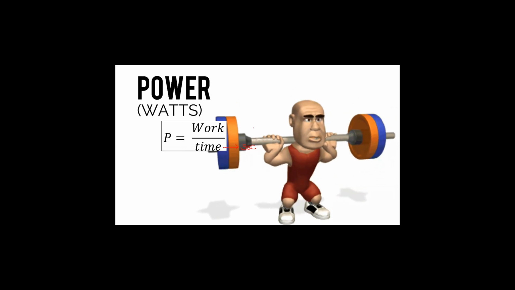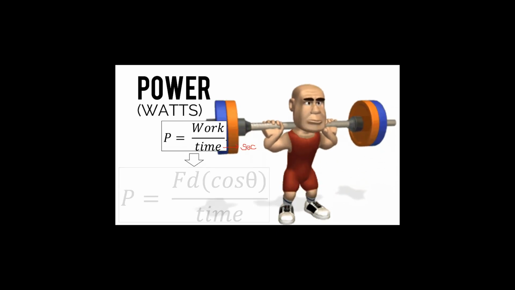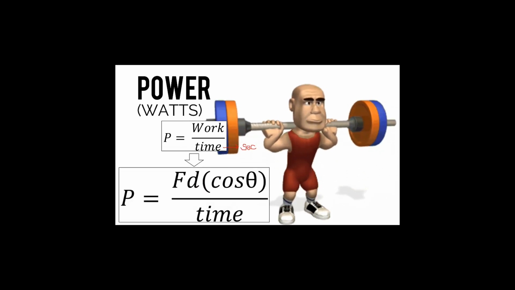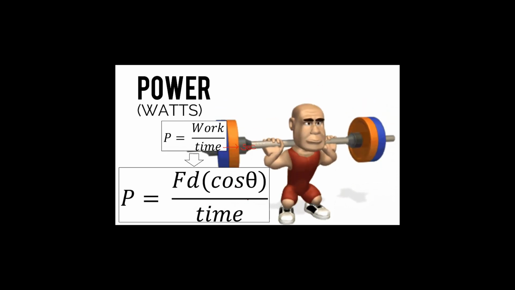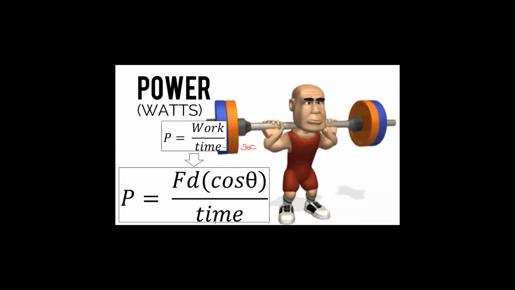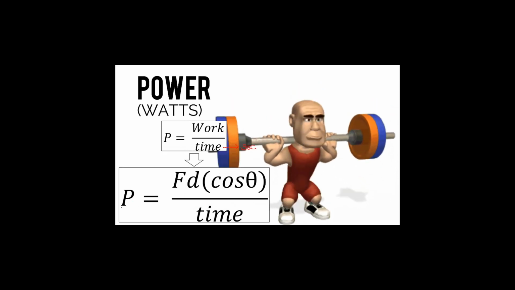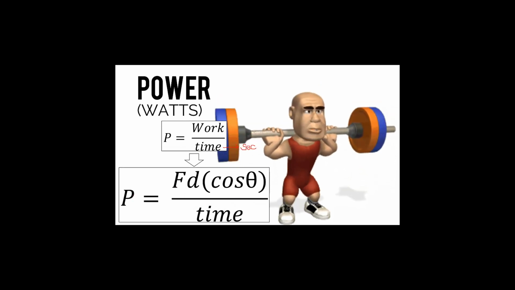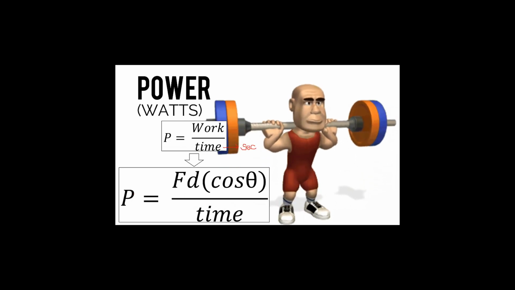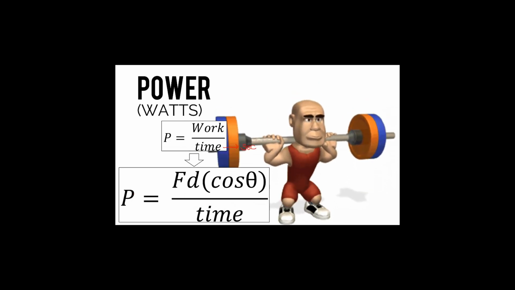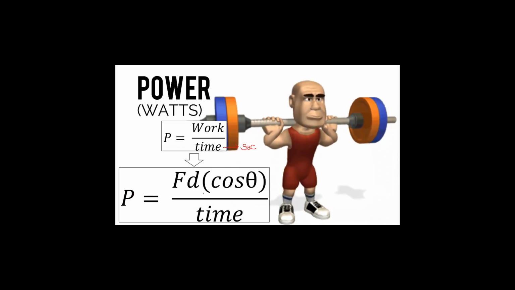So ano ba yung equation ng work? Force times distance times cosine theta, divided by time, which is in seconds, so that we can identify the power of a given object. So that is how to know the power of an object.